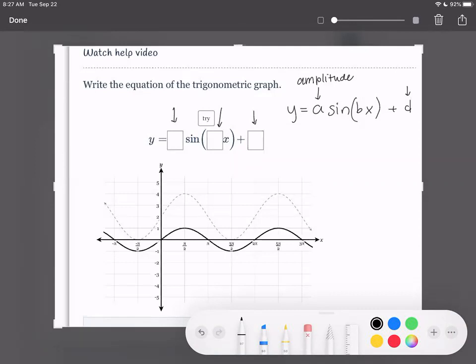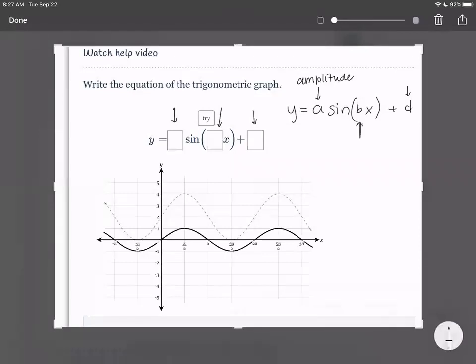And then B, for now, we're not going to have to worry too much about B today. I took a look at the example problems that came up. I don't think you're going to have to deal with B right now. Let me just double check. Actually, we might. Okay, so this one is 2 pi over period.